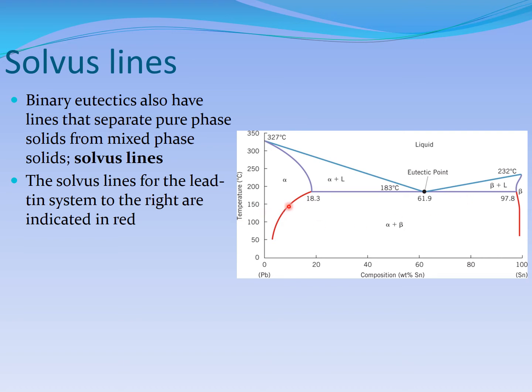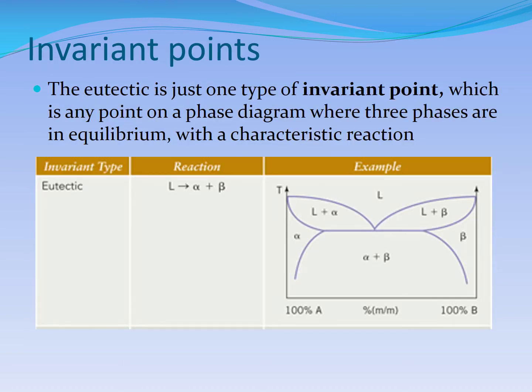But this one is solvus, solid to two solids, solid to two solids. Invariant points, right? Any point like the eutectic point where the normal operation of liquid, solid plus liquid and solid does not happen, but liquid suddenly becomes two solids. That type of point is called an invariant point. Again, this is a definition from an earlier course.